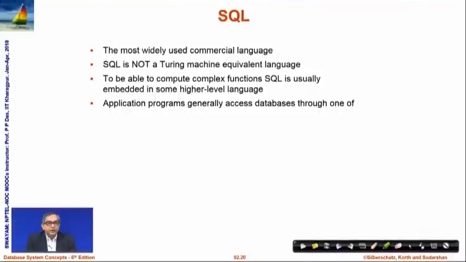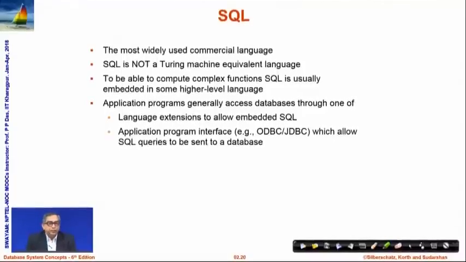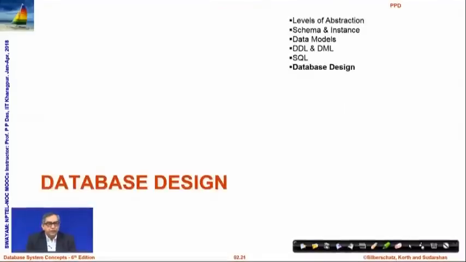Application programs are typically written that way. We can do this through embedding, that is, putting SQL as a part of a C program, or use certain libraries which can take a query from C and fire it on the SQL database. We will see how to do this in the course of time.